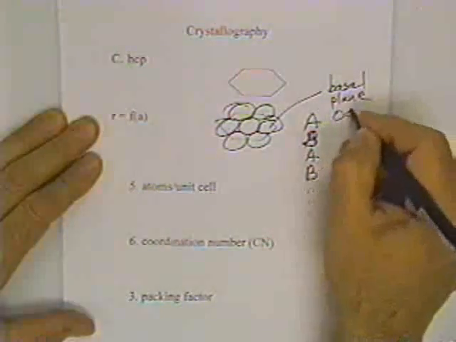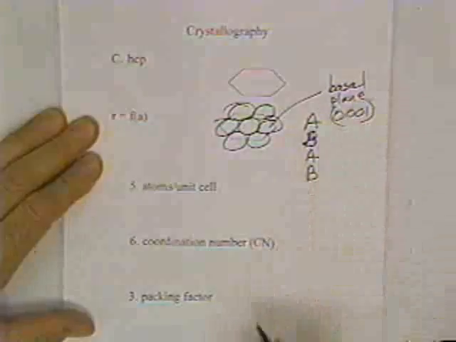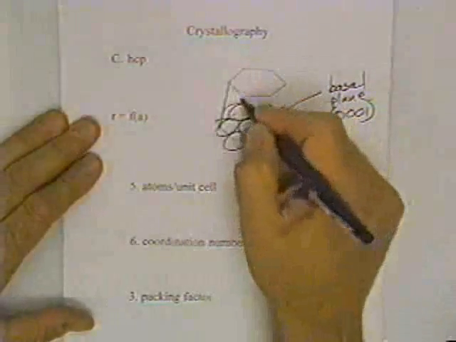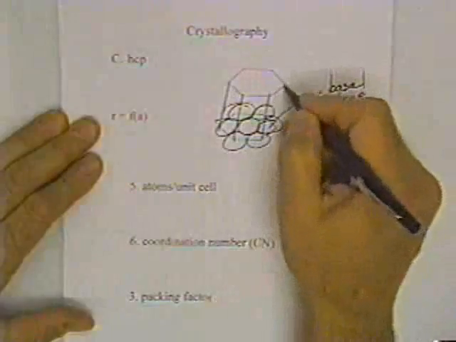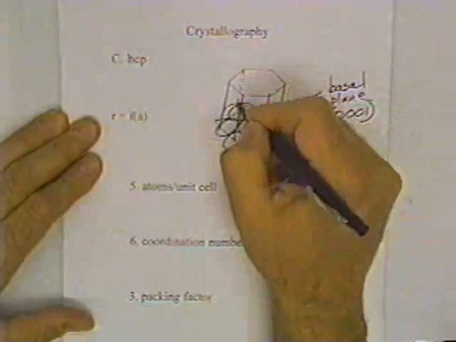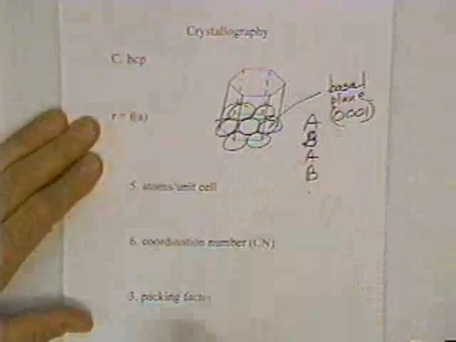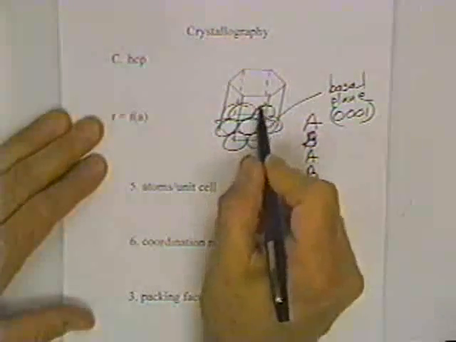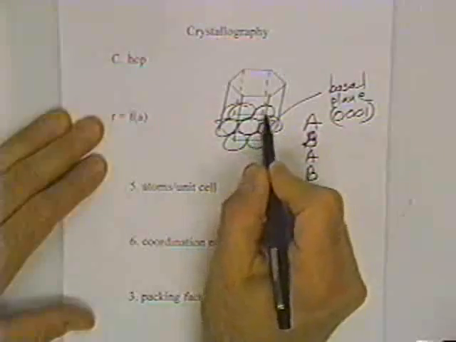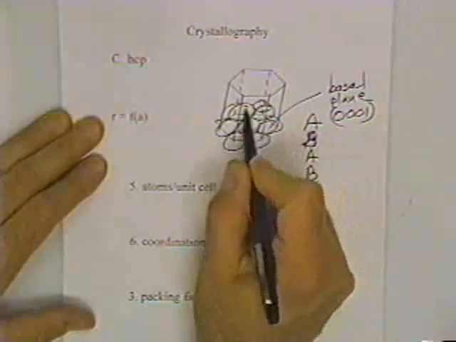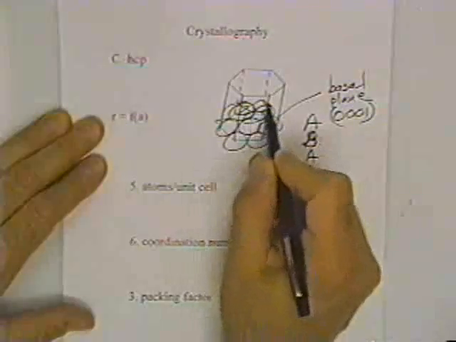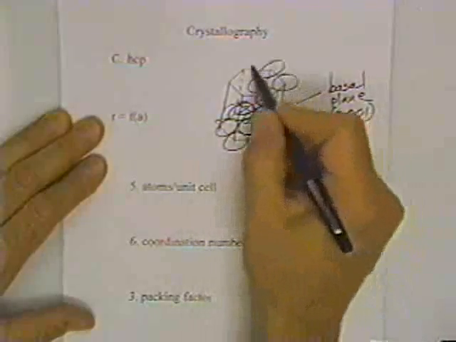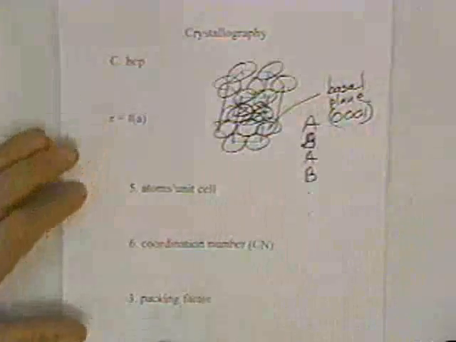So this particular plane is called a basal plane, and its Miller indices are 0, 0, 1, and it has 3 close packed directions. The unit cell can be represented by this hexagonal close packed structure. There are 3 atoms located in the middle, which I'll try to mark with a little X, and then there's another close packed plane on top.